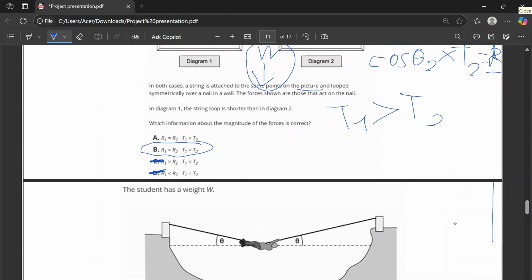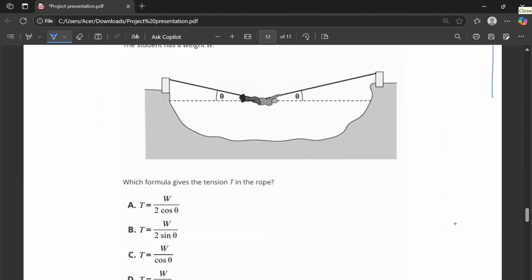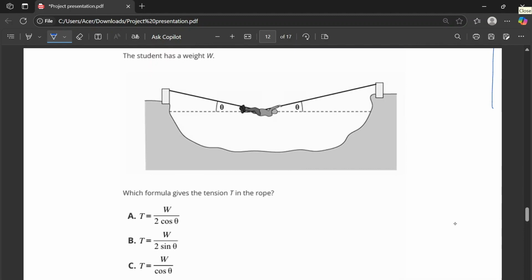So as you can see, this is our last question, and let's solve it. Then, as I said, you will be the master, you will be the expert in this field. Okay, let's solve. So the weight will be, and then tension.